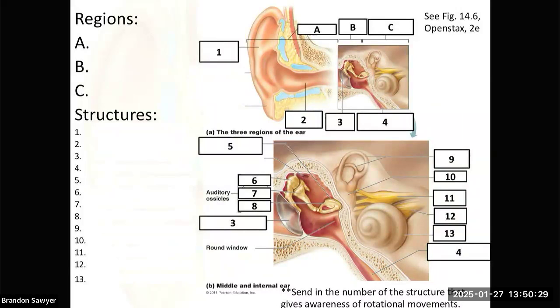All right, and you're going to send in the number. There's a little question on the bottom there. This says send in the number of the structure that gives awareness of rotational movements. So you'll send that in, but go ahead and fill in all of this, label all of this, and send that one in on your clickers.